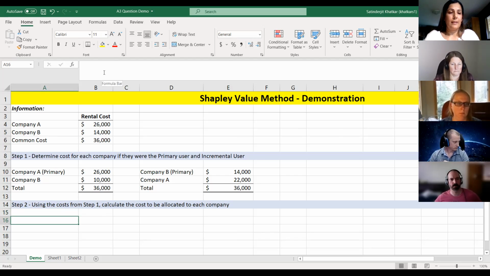So company A, what you're going to do is take the cost from company A as a primary and as a secondary. And you're going to calculate the average of those two values.